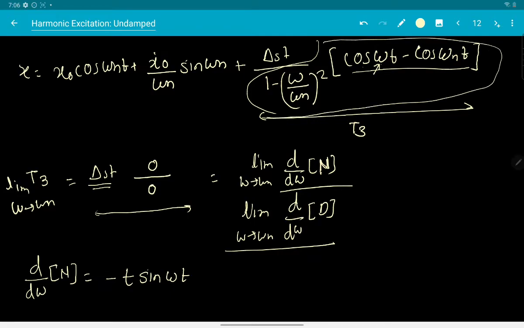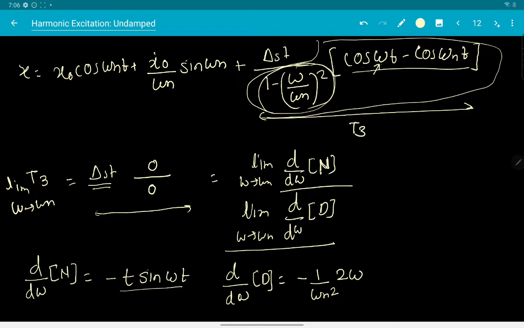And what is d by d omega of the denominator? You have to differentiate this term with respect to omega. So it will be minus 1 over omega n square into 2 omega. Now you will be evaluating this term as well as this term as limit omega tends to omega n.